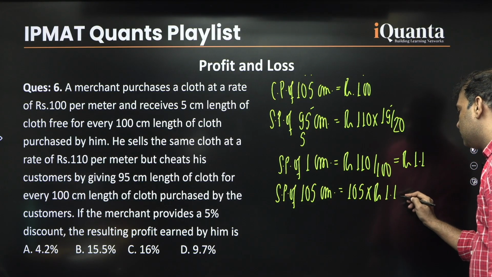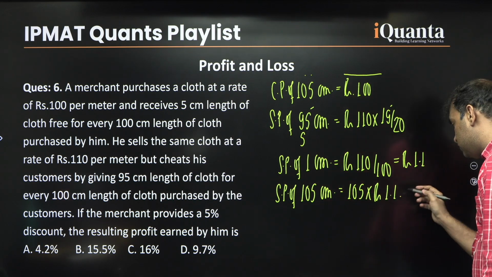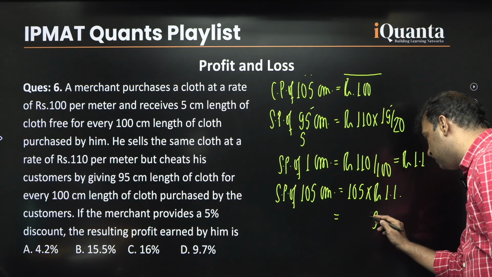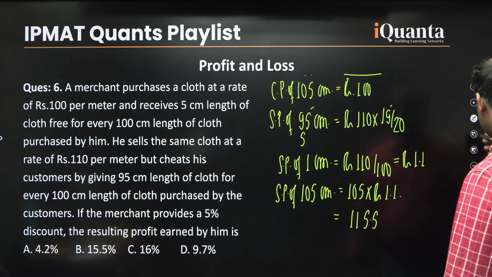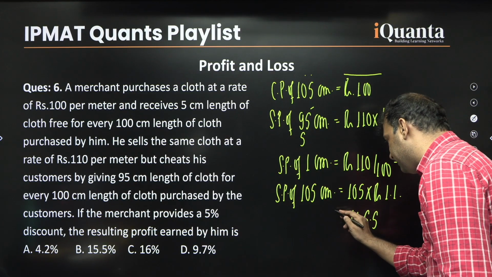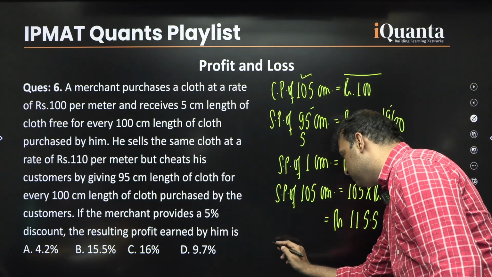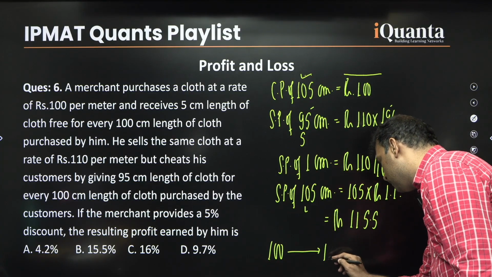So guys, the cost price of 105 is this, 100 rupees, and selling price is this, which you can simplify. 11 5s is 55, then again 5, and 11 1s are 11, and this should be rupees 115.5 finally guys. So remember, the cost price of 105 is rupees 100, and the selling price of 105 is rupees 115.5.